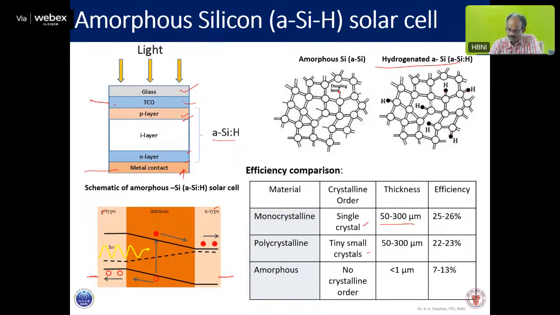For polycrystalline silicon the thickness is the same as monocrystalline, and typical efficiency is 25 to 26% for monocrystalline, 20 to 23% for polycrystalline, and for amorphous silicon the thickness is less than 1 micron and the efficiency is nearly 7 to 13%.